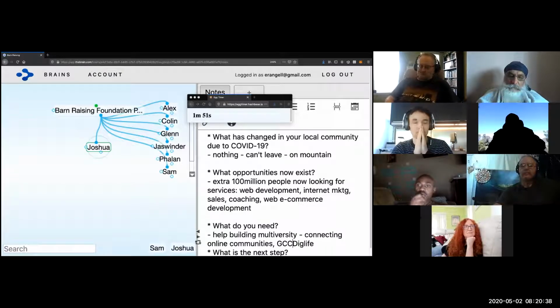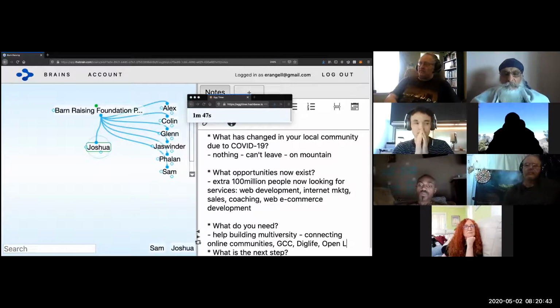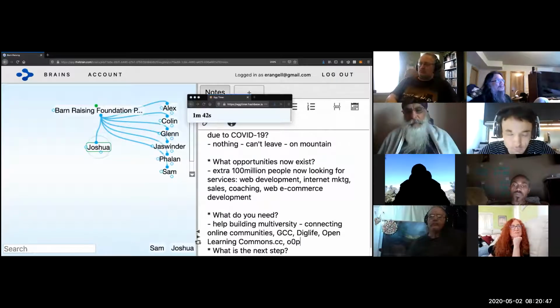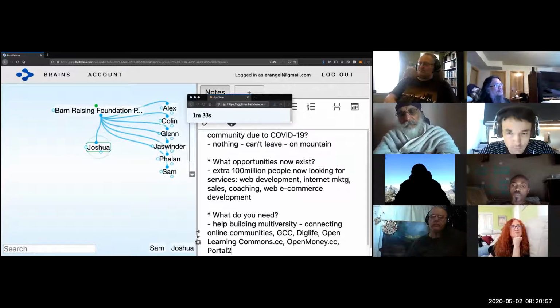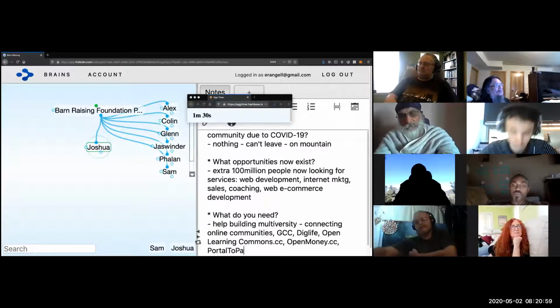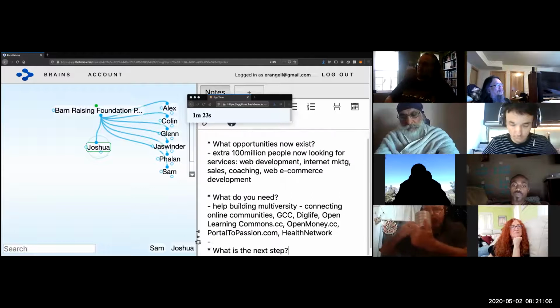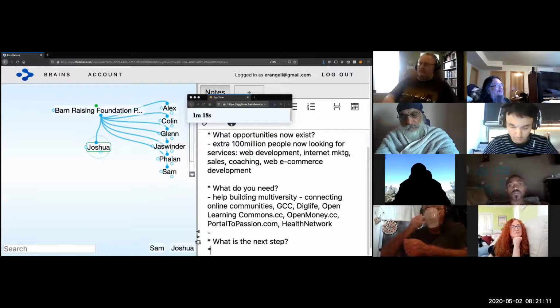It's actually openlearningcommons.cc, openmoney.cc, Portal to Passion, which is portaltopassion.com, and Health Network. I'll just stop there. There's plenty more, but I'll stop. What is the next step?